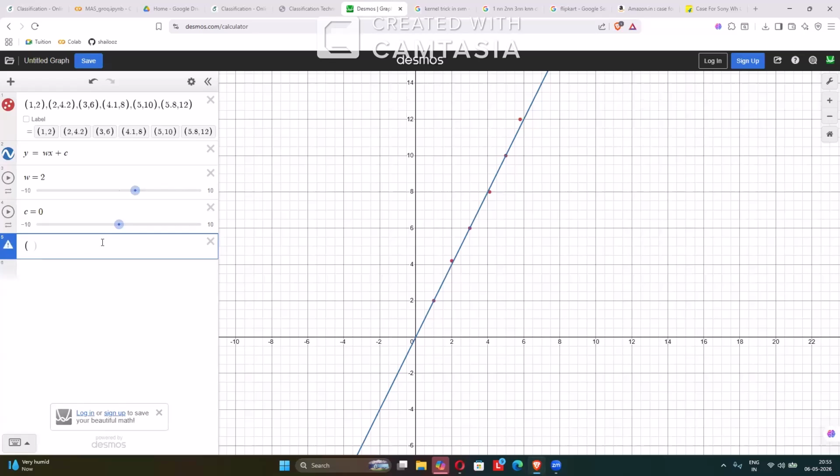The first 3 observations are 0 comma 0, 1 comma 0, and 2 comma 0.